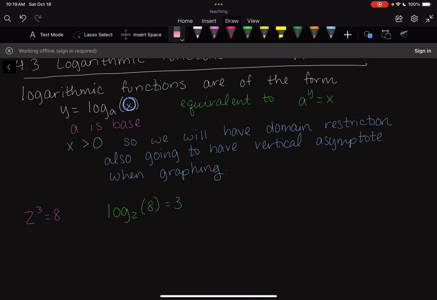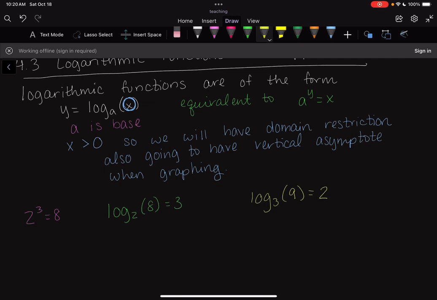So when you say, for instance, log base 3 of 9, what I'm asking you is what exponent would you put on that base of 3 so that it becomes 9? So that's what logs are asking. They're saying, what exponent do you put on the base for it to equal the parentheses?